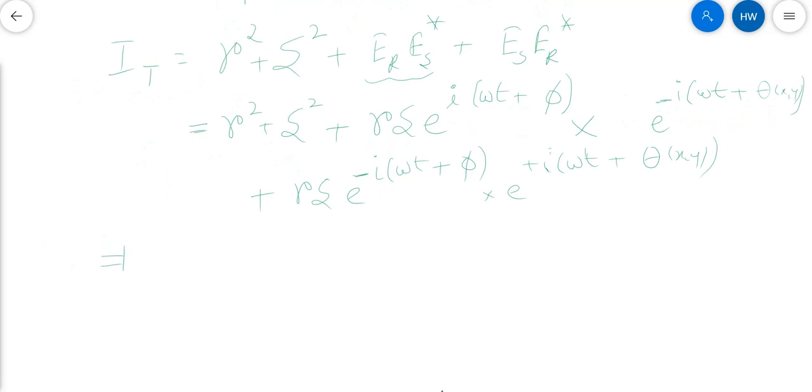So eventually what I get is the following. I get R squared plus S squared plus R times S exponential i, plus minus theta, the omega t's get cancelled, and what I get is basically something stationary, which is theta minus phi, plus R times S times exponential minus i theta minus phi.